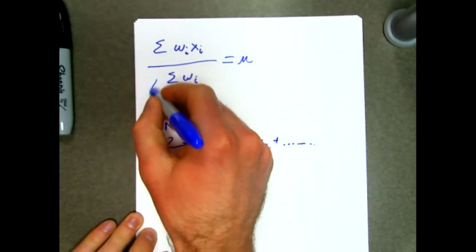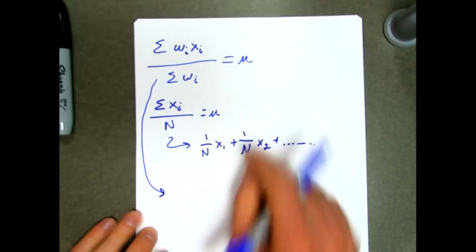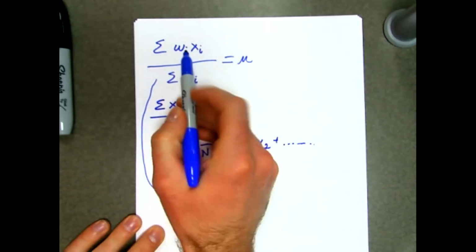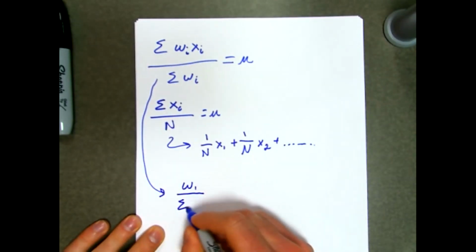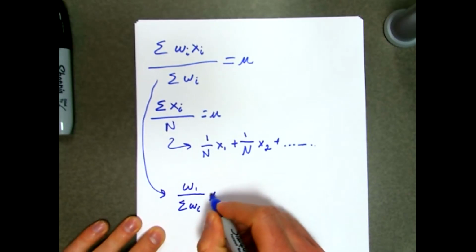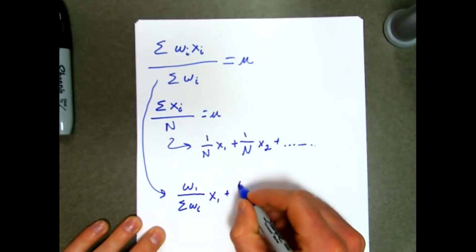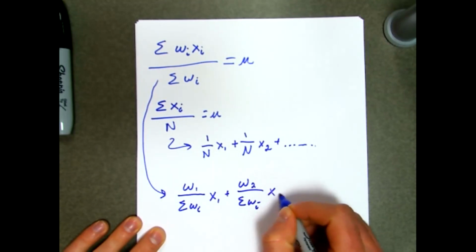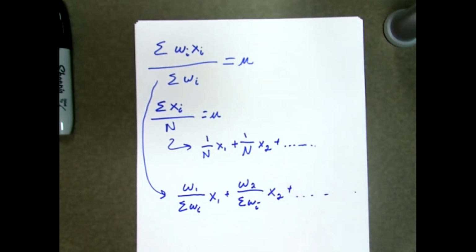But with a weighted mean, we can also rewrite it to kind of think about what our weights are. Our weights are no longer going to be 1 over n. Here we can kind of pull out the weight for the first group, divided by the sum of the weights, times that first group's value for x. We would then add to that the second group's weight, divided by the sum of the weights, times that group's value for x, all the way to the very last group.